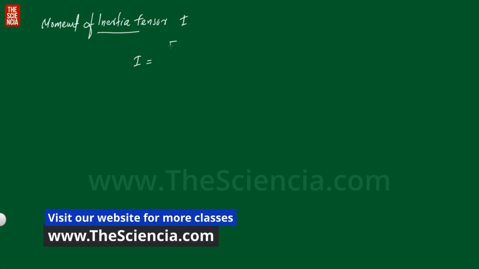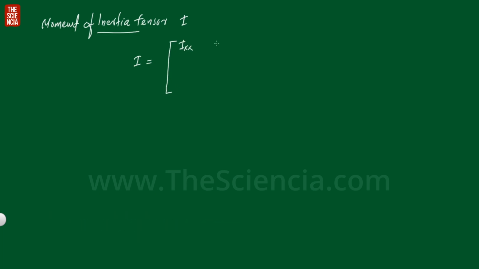Here we are discussing the moment of inertia tensor. It is represented by I, and its general form is like this: Ixx, Ixy, Ixz, Iyx, Iyy, Iyz, Izx, Izy, Izz.